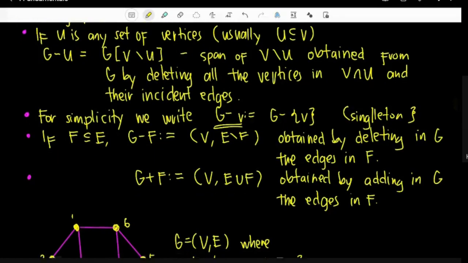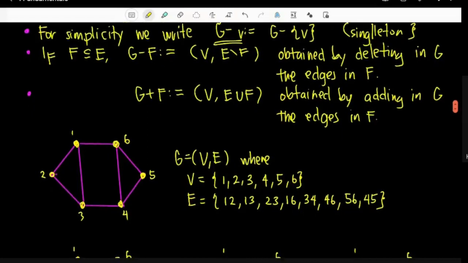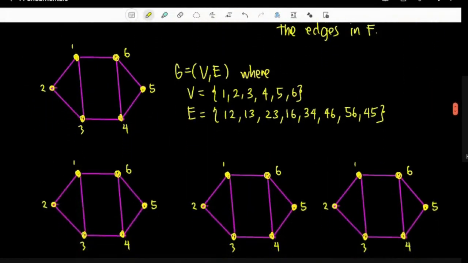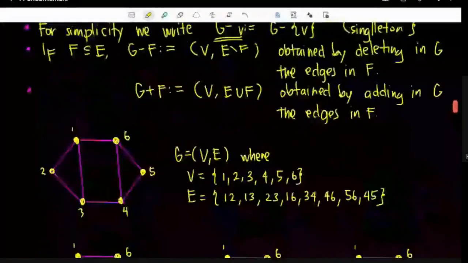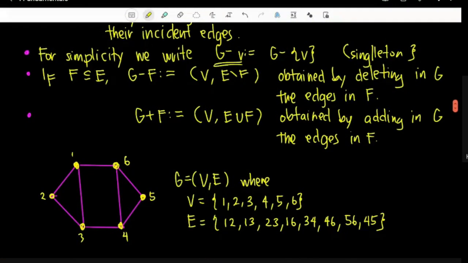Okay. Here's a visual example. Let's say we have this set. So, yung graph natin is the graph containing the vertices 1, 2, 3, 4, 5, and 6 with edges 1, 2, 2, 3, 1, 3, 1, 6, 3, 4, 6, 4, 6, 5, 4, 5.